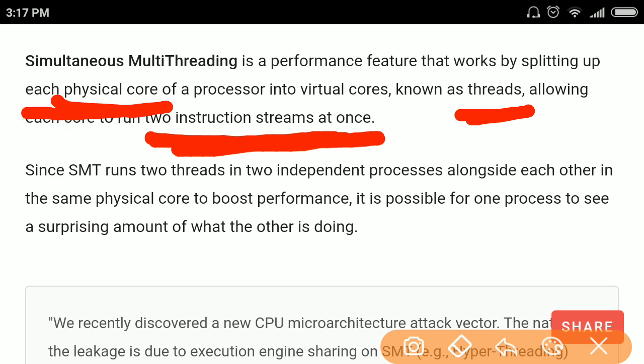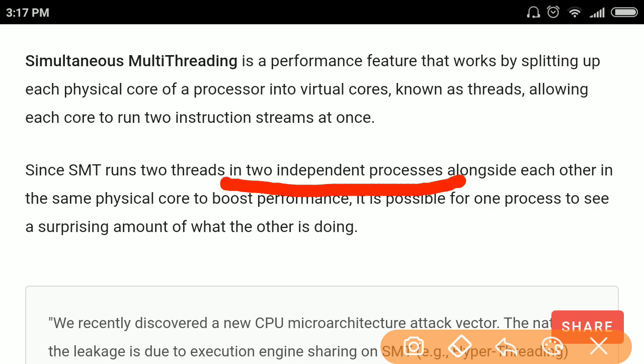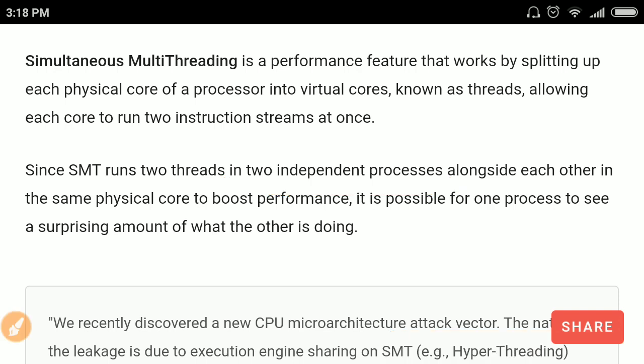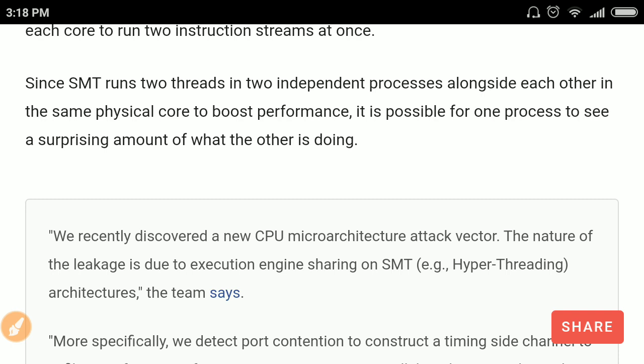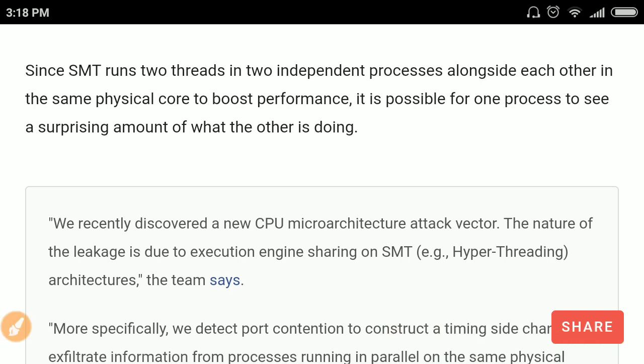So one physical core is running two instruction streams, and if one instruction stream is malicious, then it can leak or sniff the data of the legitimate stream on the same CPU core. Ideally, there should be two independent processes or threads, but they are not, and therefore one process is looking at what the other process is doing.